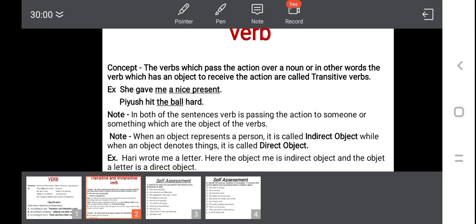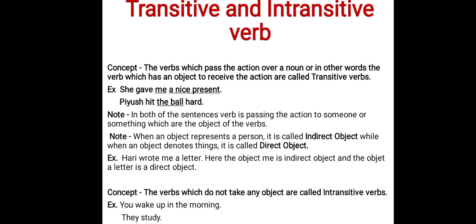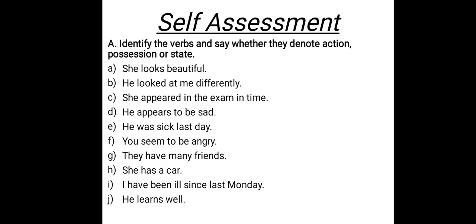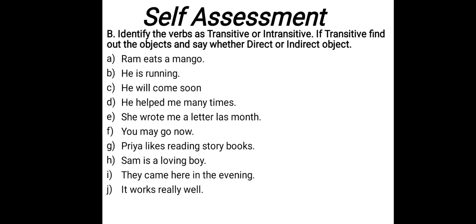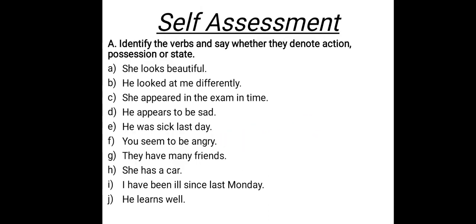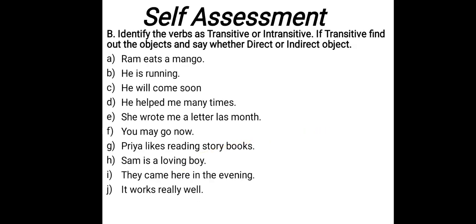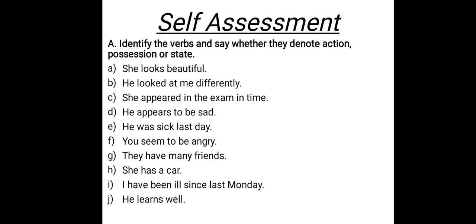But before we finish this video, I have given some self-assessment exercises in the next two slides, which are on the identification of verbs denoting action, possession, or state, and identifying transitive and intransitive verbs, and if transitive, whether they have direct or indirect object. I hope you will be able to do these two exercises to assess your learning.